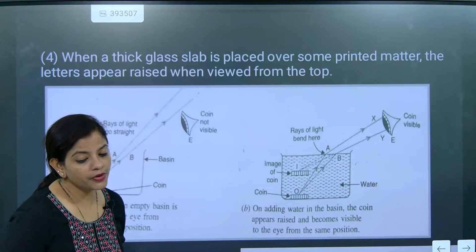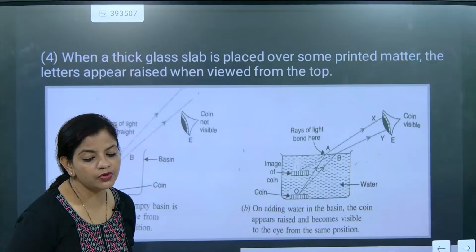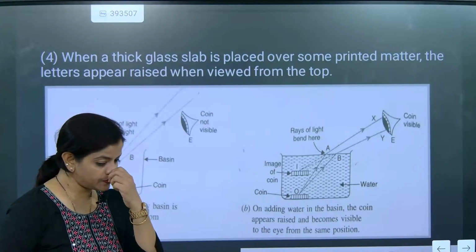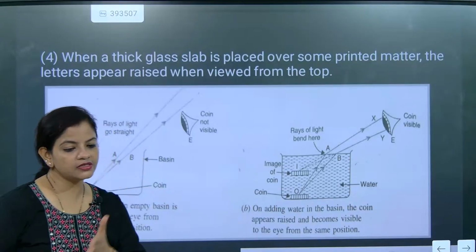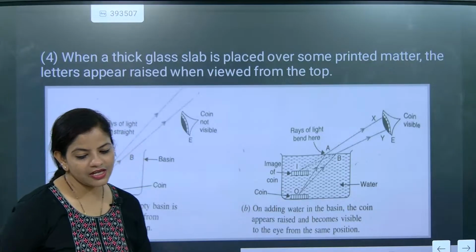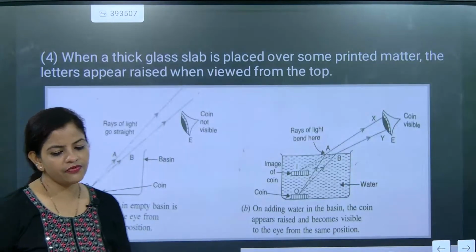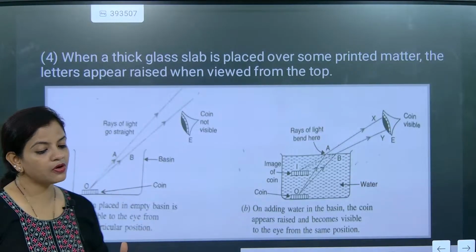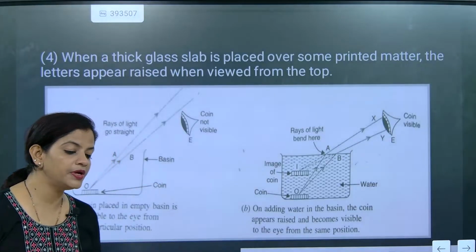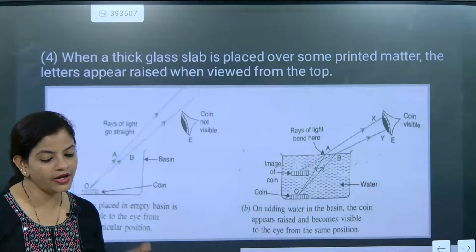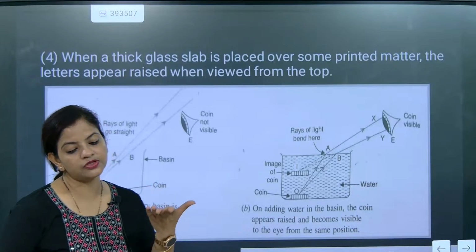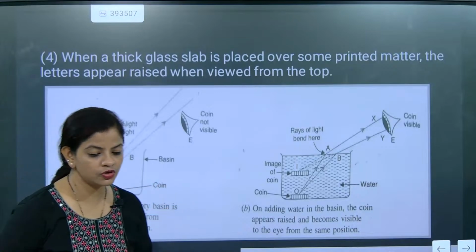Because of refraction only, the apparent position can be seen. Again there is a diversion, so we see a false image. Because of the change in medium, refraction occurs, so the object appears to be raised, either it is a coin or something. It appears to be raised. I hope you have understood.